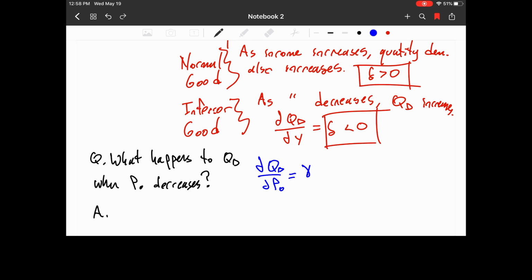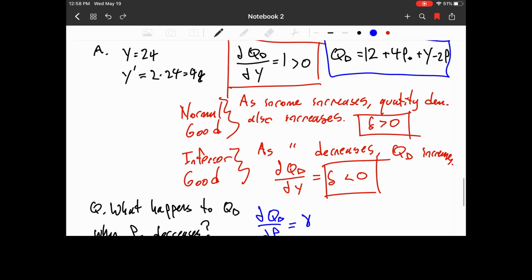So in this case, our gamma is 4. So we know the price of P0 going down is positively related to the quantity demanded. So the quantity demanded also goes down.